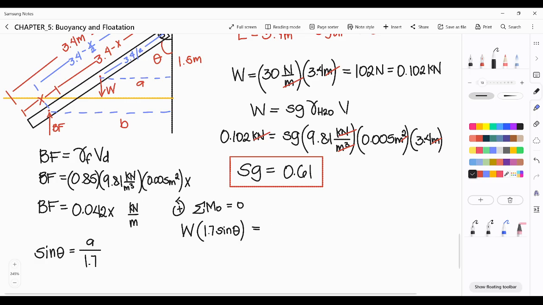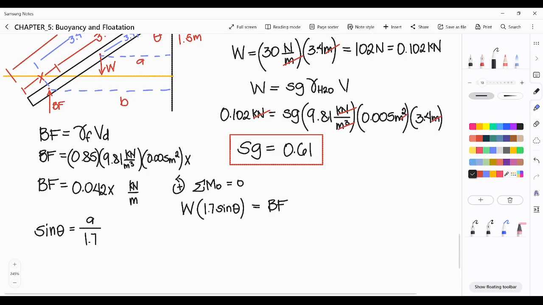So, the buoyant force, which acts on the center of the length submerged, ano namang trigonometric function kailangan natin dyan? Kailangan natin yung length ng B, which is this one, yung blue, as well as the hypotenuse nito, which is 3.4 minus kalahati ng x. So, sine pa rin.